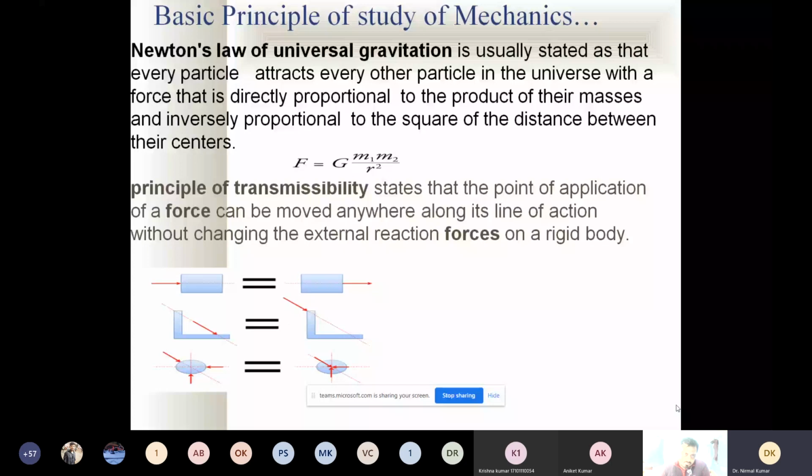Now you see in the first figure, the force is acting at the back of the square rectangle, and now the point of application is shifted, and the effect will remain the same. An equivalent sign is given there.